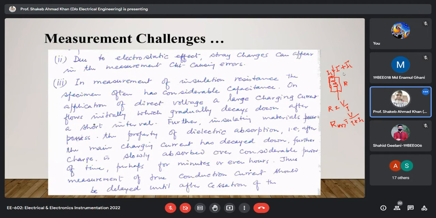We have to wait for some time, so that the majority of the free charges trapped inside the insulation body get absorbed. So charging current and dielectric absorption current, once you apply the potential across the high resistance or insulation, will subside after some time.